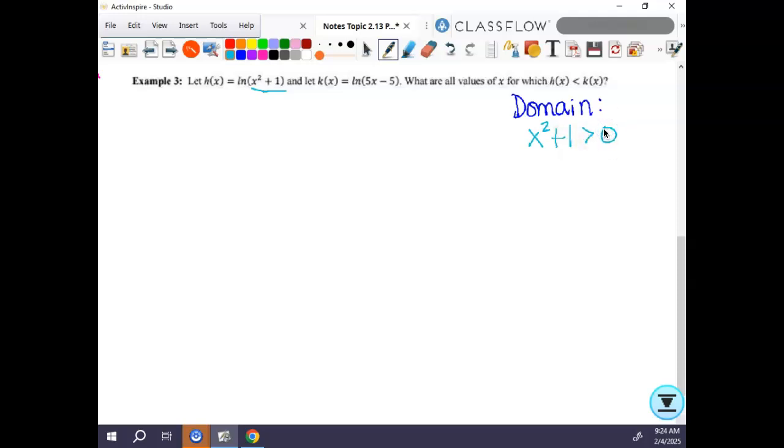Now, before we just jump in and do algebra for the sake of doing algebra, is there any way using real numbers to make that not greater than 0? I'm going to take some number and square it. Won't this be some positive number? Or it could even be 0. But if I add 1 to it, it's going to be greater than 0 all the time, right? There's really no way to make it not greater than 0, because I'd get imaginary numbers. So really, this part of the domain is just negative infinity to infinity.